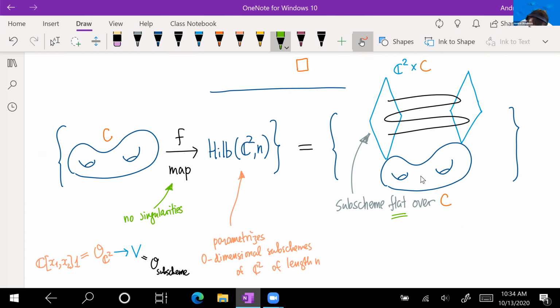If I pick any point, then the fiber over any point, fiber over C, so maybe call this map pi. So pi inverse, maybe pi is not the best.